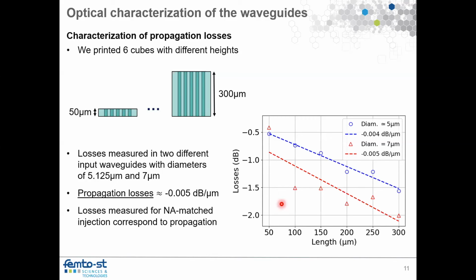I mean, the quality of the printed structures is good. I would say this is a bit the limit of the polymer. And also, considering the original height of the cube, this proves that the 1.5 dBs we measured when matching the NA were actually the propagation losses. So we were basically good on that.